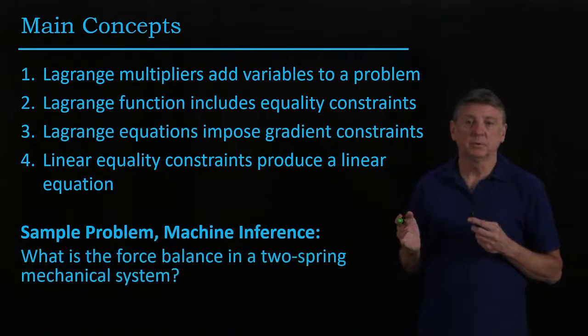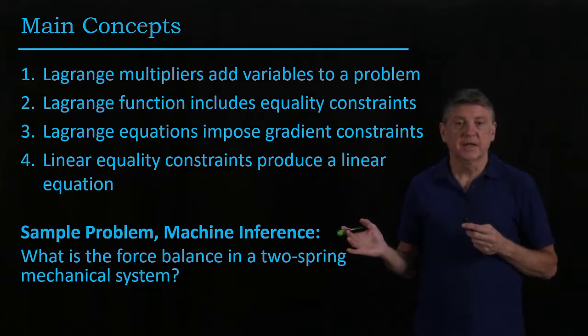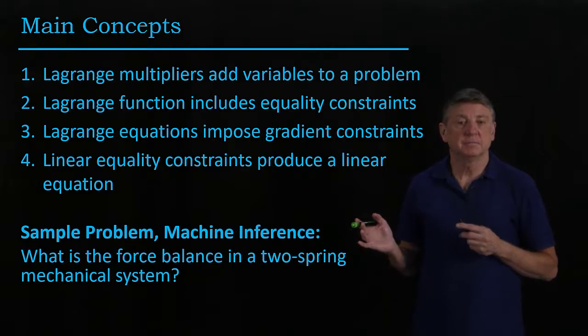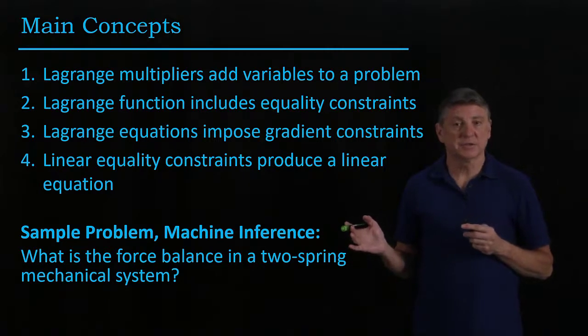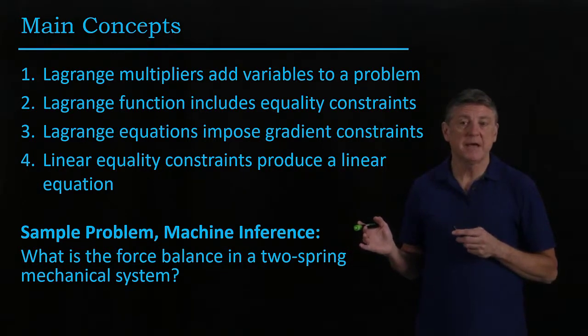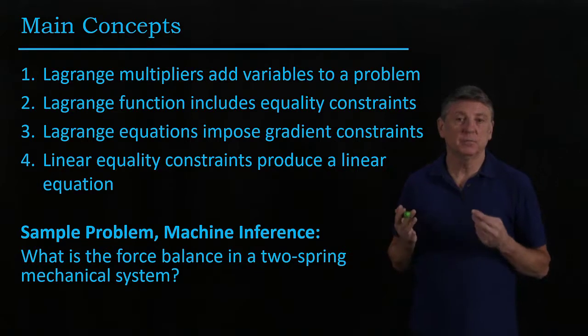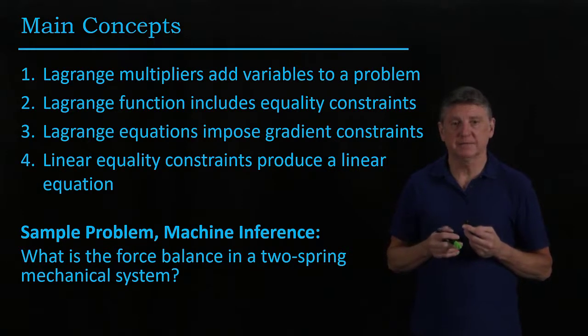Our sample problem in this lecture is, imagine that we have a mechanical system that has two springs and one mass, and we want to study what happens when it's in a force balance. The way that we'll study this is we have a theorem from the previous lecture that was inspired by geometry, and we're interested in minimizers.